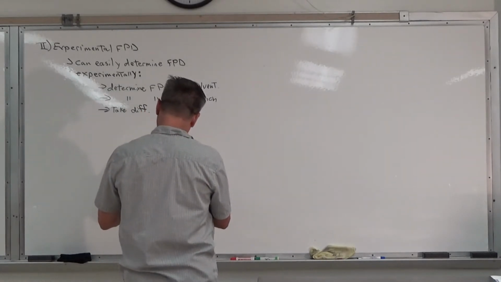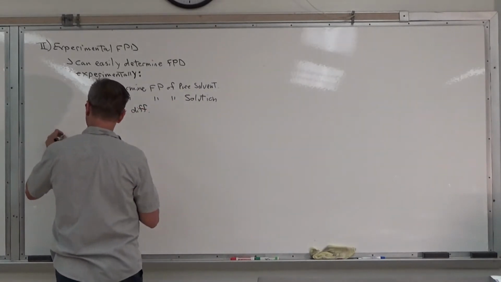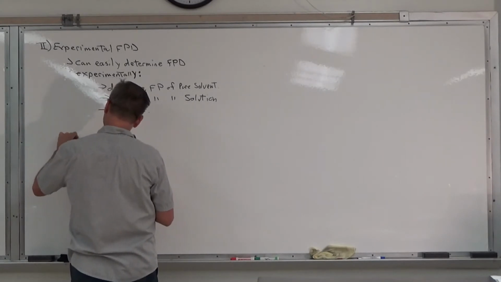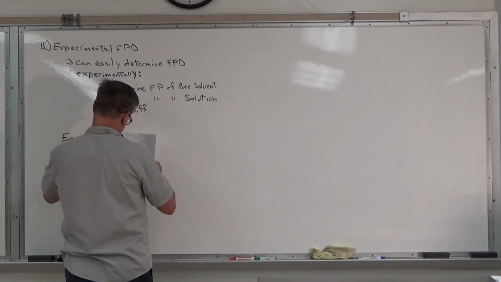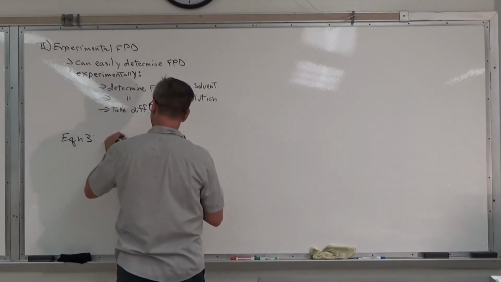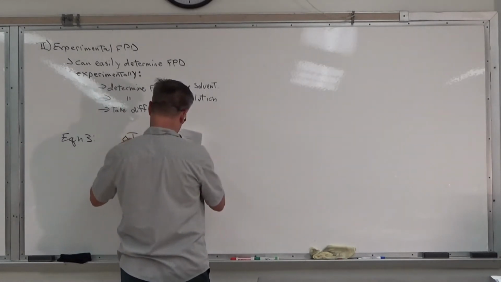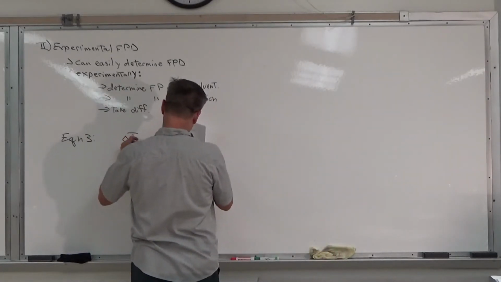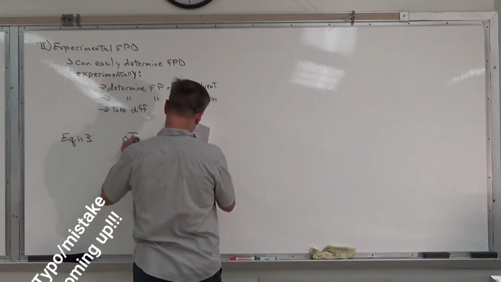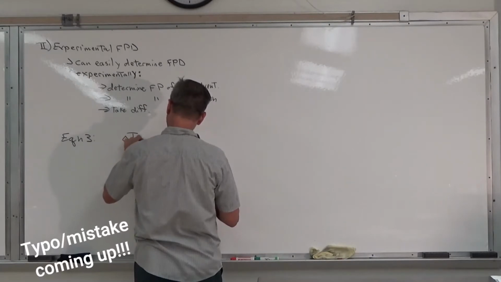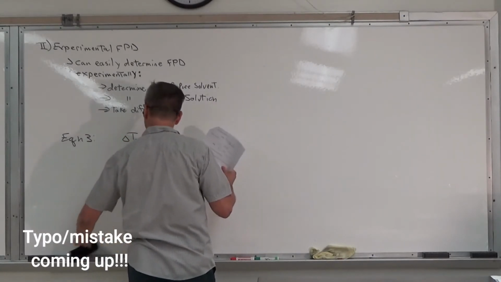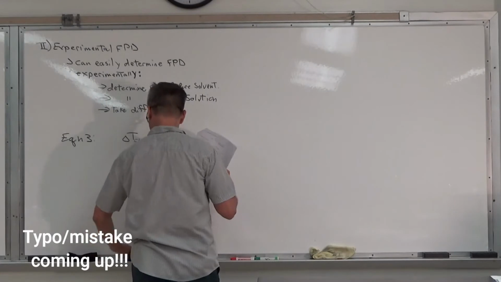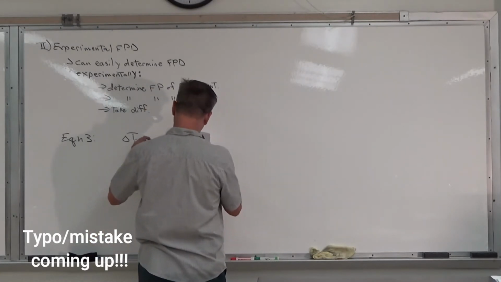All right, equation 3. Delta T, and that is going to be freezing point depression again, but now it's exp for experimental. Come on, Gideon, slow down.